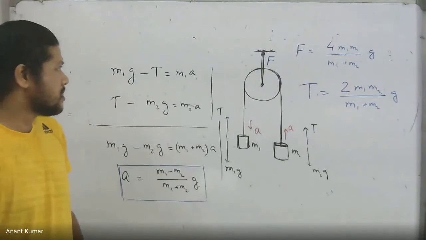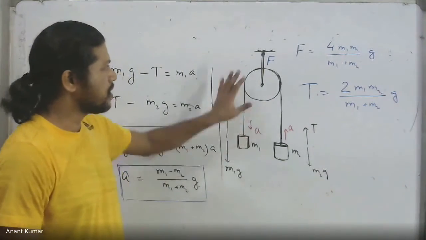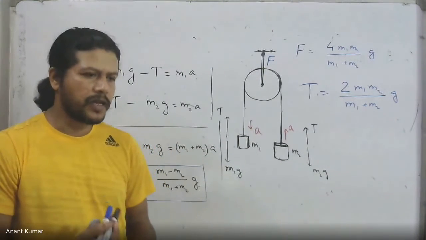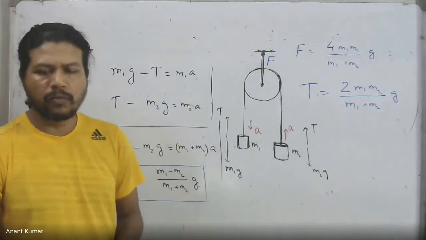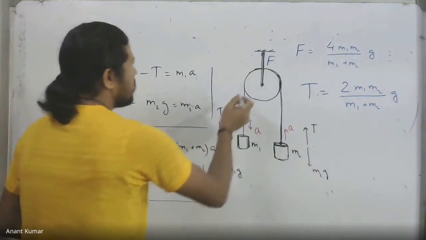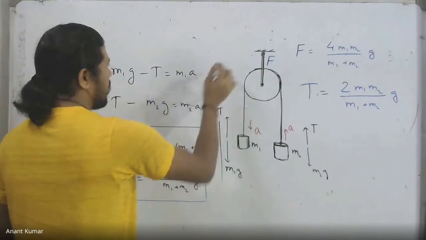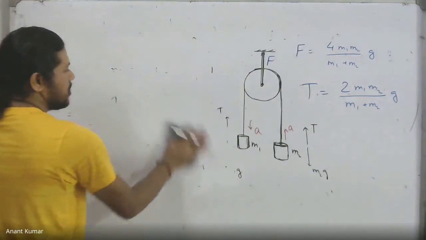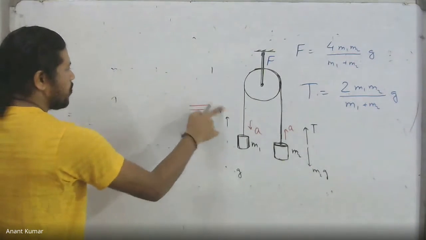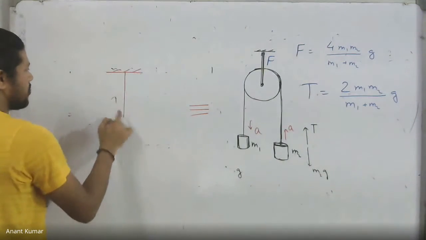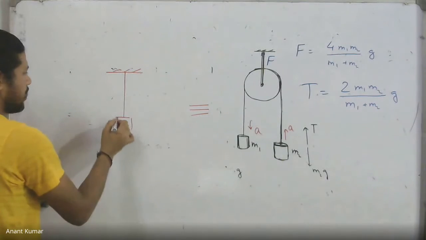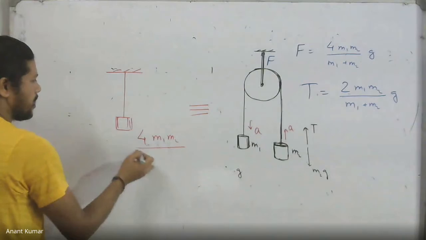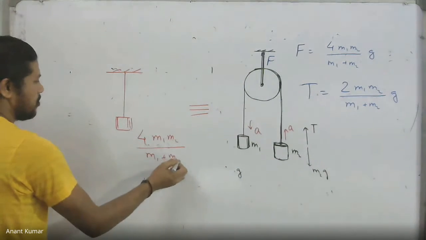Therefore, if I replace the entire Atwood machine by a single point mass whose mass is 4 m1 m2 by m1 plus m2, this entire setup is equivalent to just a single point mass suspended from the ceiling by means of this thread, but the mass must be 4 m1 m2 by m1 plus m2.